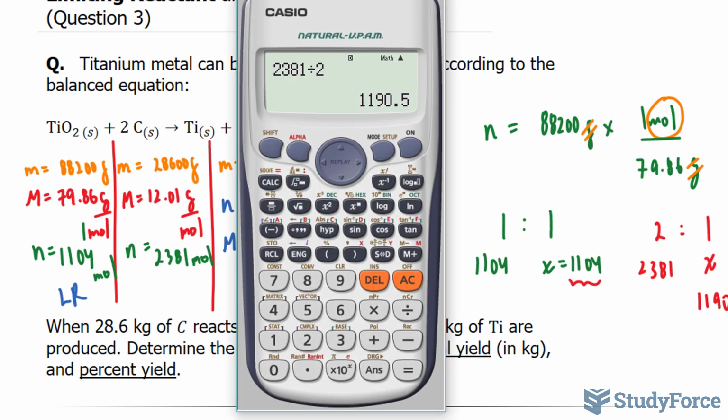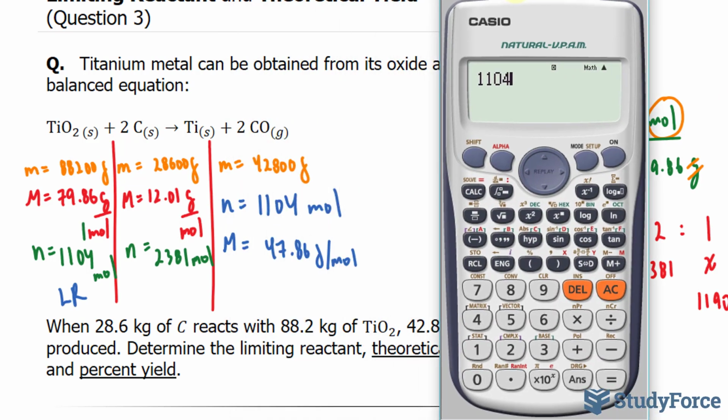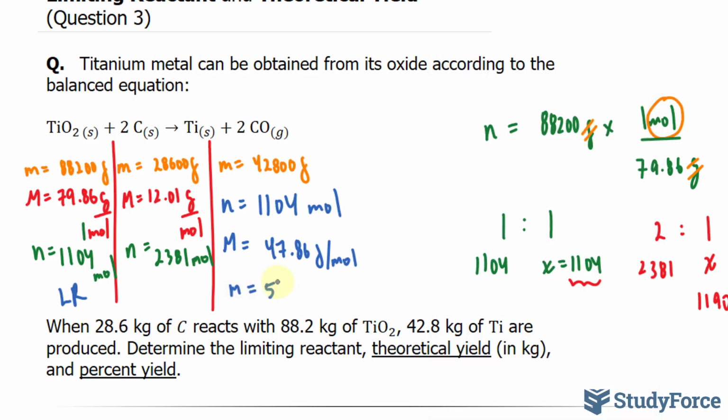So I'll take 1,104, multiply that by 47.86, and this gives me 52,837 grams. Bringing this back to kilograms, I divide by 1,000, and this gives me a theoretical yield of 52.8 kilograms. And this is the theoretical yield.